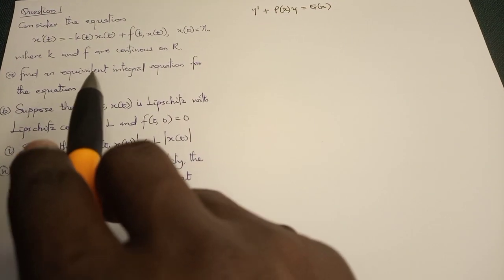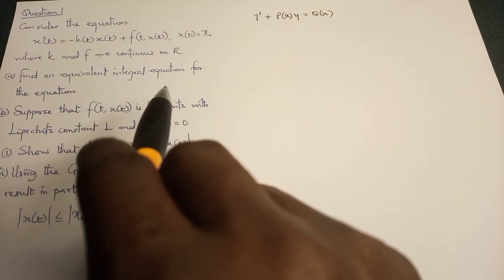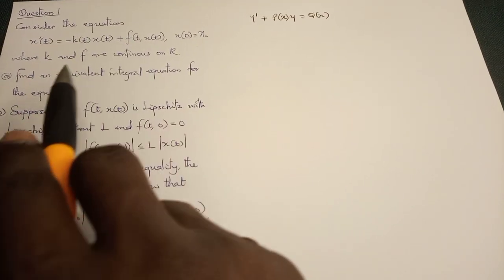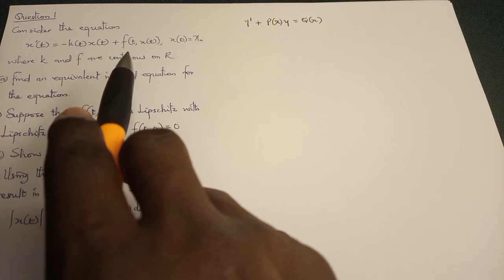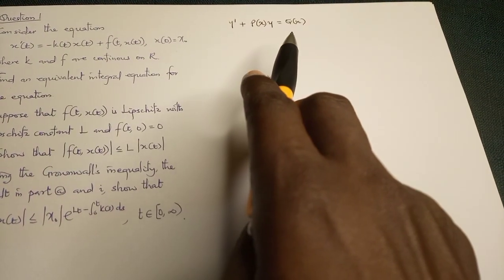In order to find the equivalent integral equation, we first have to identify if it's linear. Obviously it's linear, so the ODE is linear. Then we need to write it in this form.